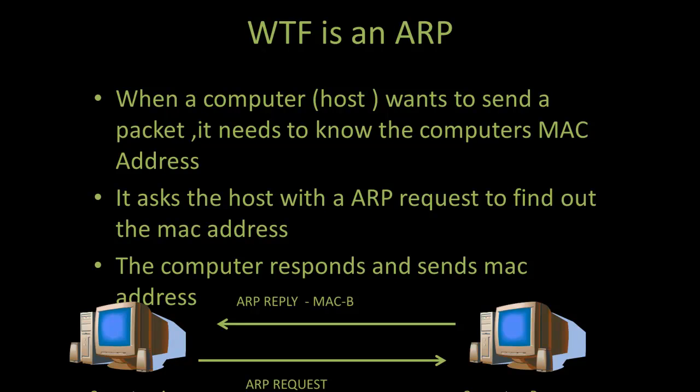And then the computer responds by sending its MAC address. So this is called an ARP reply. So as you can see, computer A wants to send a packet to computer B, so it sends an ARP request to computer B. Then computer B replies with an ARP reply, and that contains the MAC address of computer B. It may be a little bit confusing at the moment, but I'll give you some extra resources later on so you can go and do it more in depth.